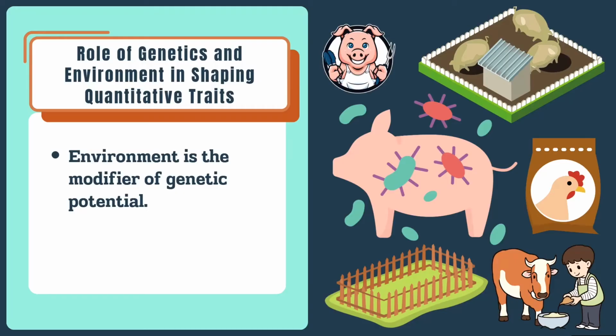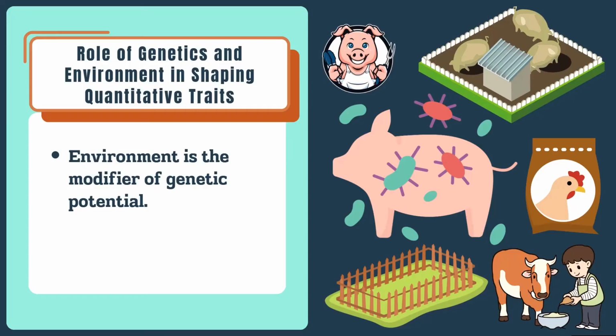We cannot produce a better phenotype if we do not provide an appropriate environment. In this case, proper nutrition or proper feeding: right amount of feed, right kind of feed, right timing of feeding, and so on.